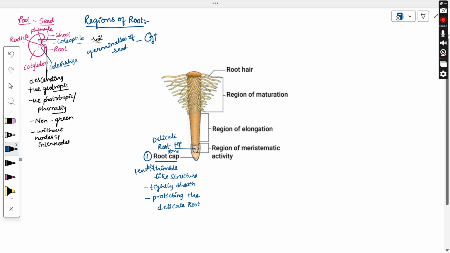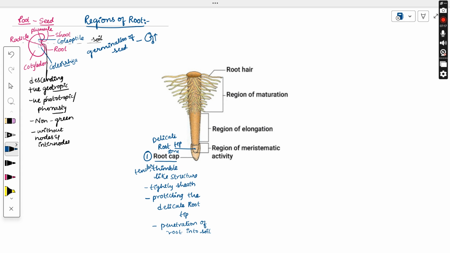So the root tip will be covered with a tightly bound sheath or layer, and it is protecting this delicate root tip, and is also helpful for the easy penetration of the root into the soil. Whenever the roots are properly spread in the soil, mechanical strength will be provided and more absorption of water and solutes can take place.